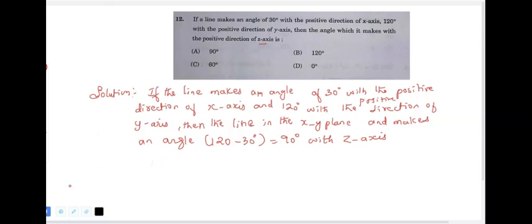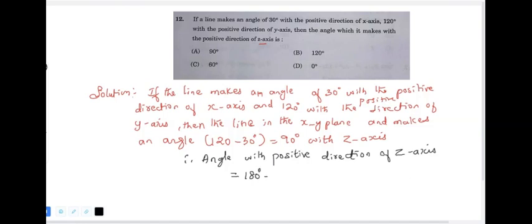So now what we need to find? We need to find the angle which is made by the positive direction of z axis. Therefore, the angle with the positive direction of z axis will be equal to 180 minus 90.